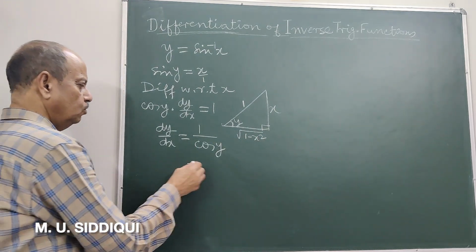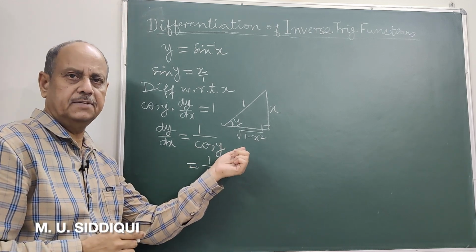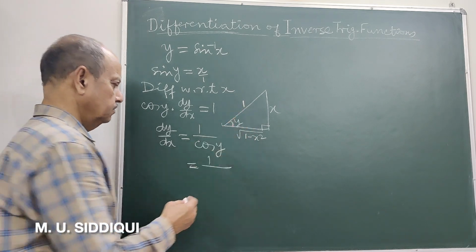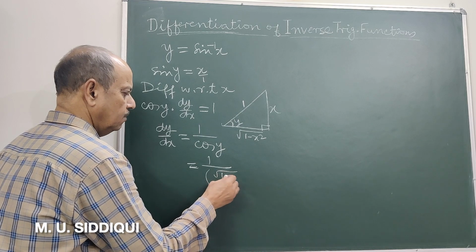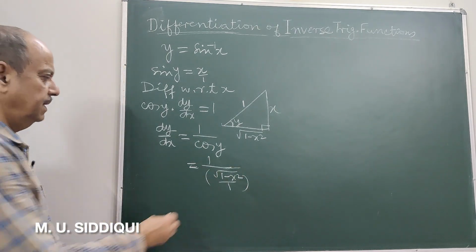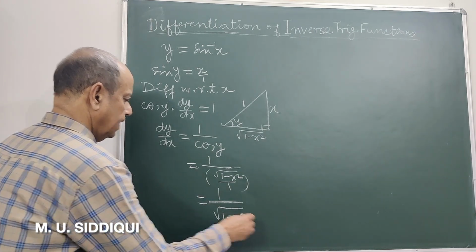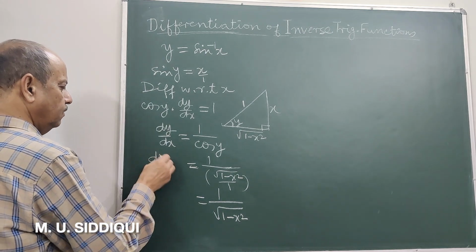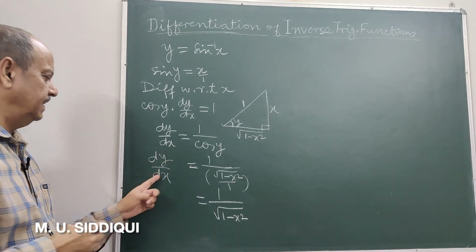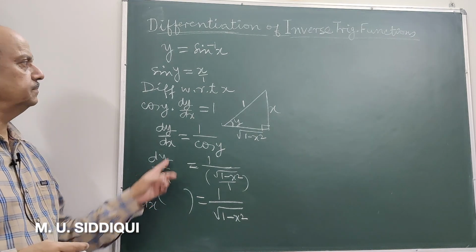And therefore, when you have to obtain the value of this 1 upon cos y, for cos y now you can say base upon the hypotenuse. So you can say this is root of 1 minus x square upon 1, or else simply 1 upon root of 1 minus x square. We have obtained this value of dy dx, or you can say d dx of y, and what is y?